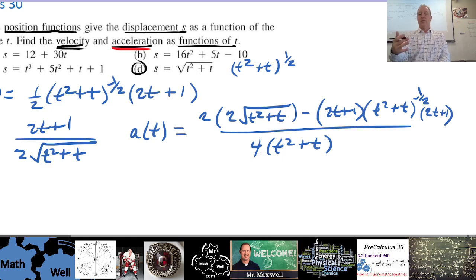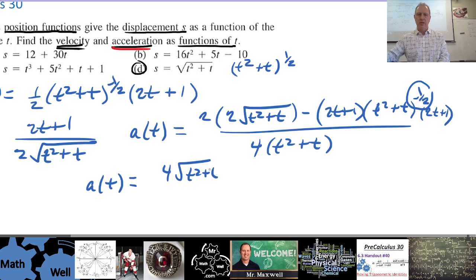Okay, so to simplify this now, you were asked in your previous assignments to simplify stuff like this. So what we have to remember is that this negative exponent here means that we have a little denominator in this term, right? So let's see here. This is going to be 4 root t squared plus t.